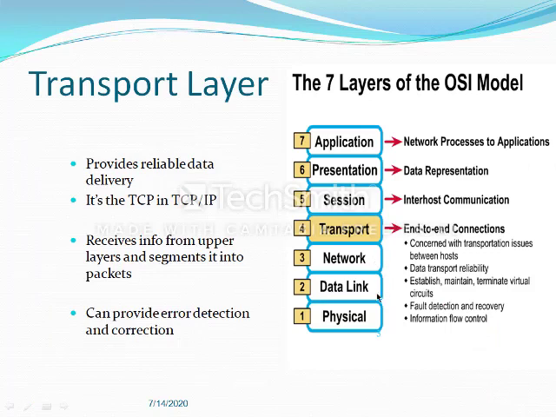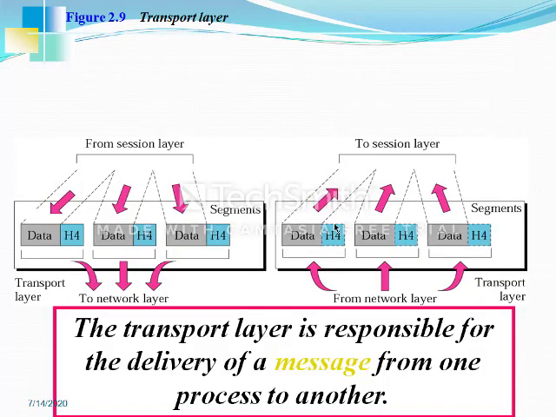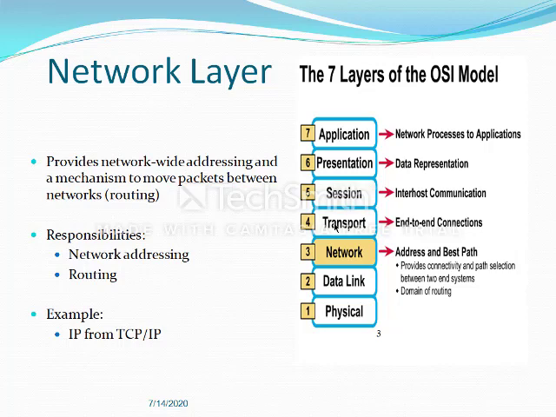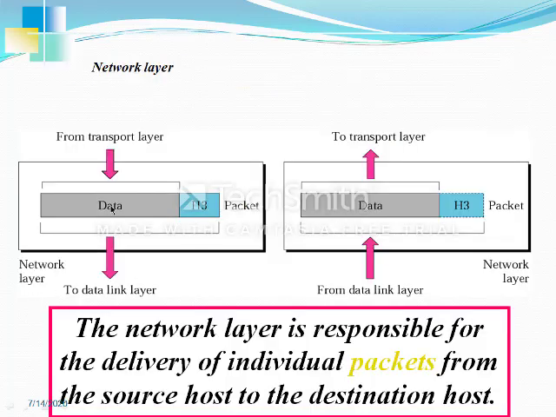See here again, network to data link or network to transport. So from the transport layer through the network layer to data link. This is one process. The reverse process is from data link layer to transport layer.